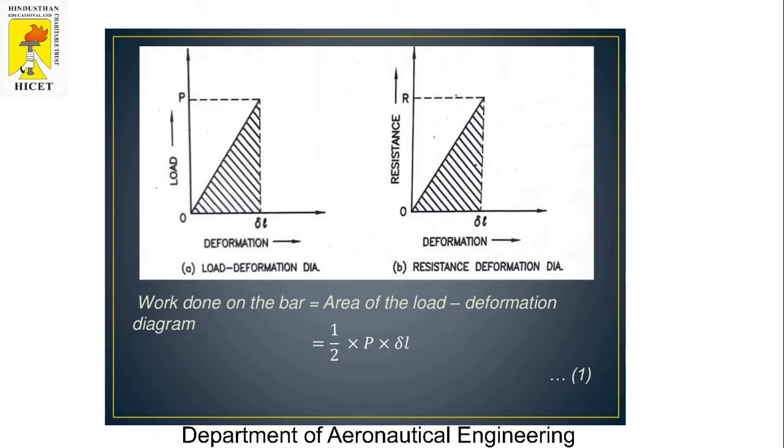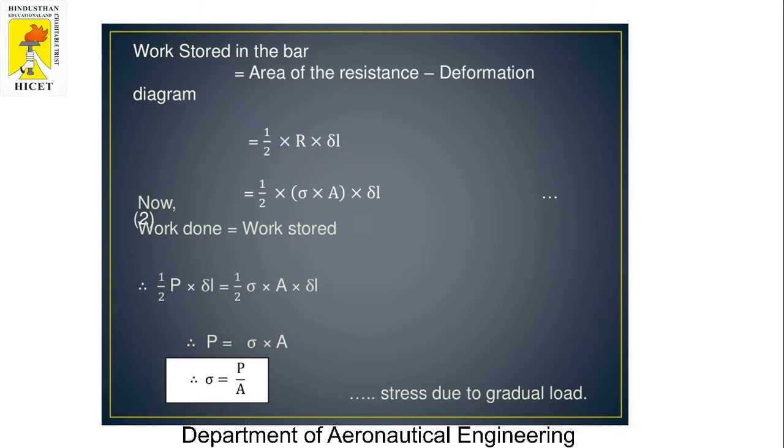So work done on the bar is equal to the area of the load-deformation diagram, and that gives half into P into del L. Work stored in the bar is equal to the area of the resistance-deformation diagram, that is half into R into del L, where R can be written as sigma into A. Now work done is equal to work stored.